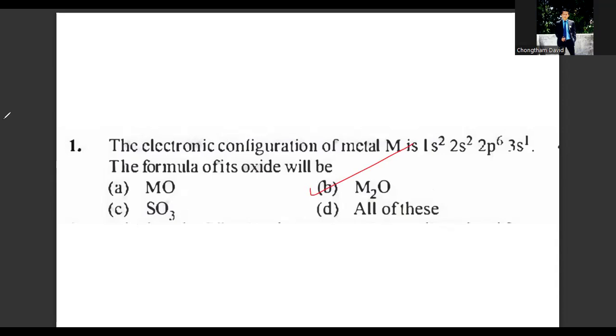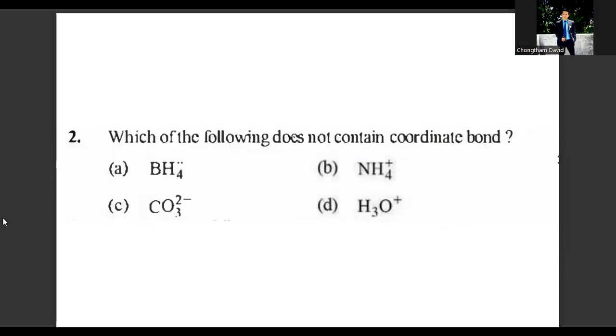Question number 2. Which of the following does not contain coordinate bond? The first, BH4 minus, carbonate, ammonium and hydronium ion. So looking at the structure for carbonate, CO3 2 minus, its structure would be as such.